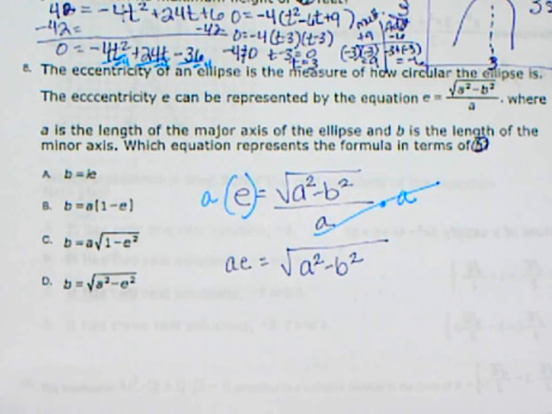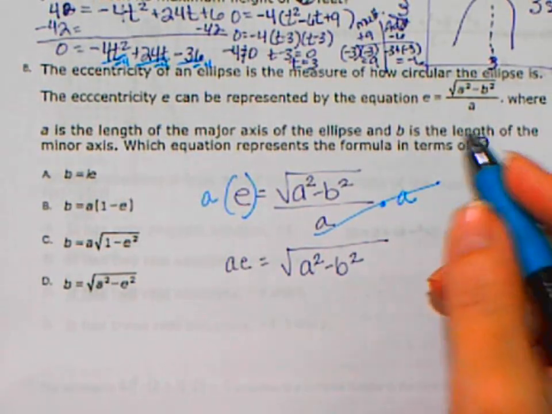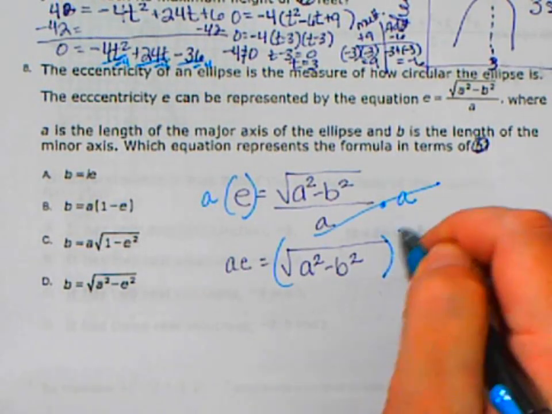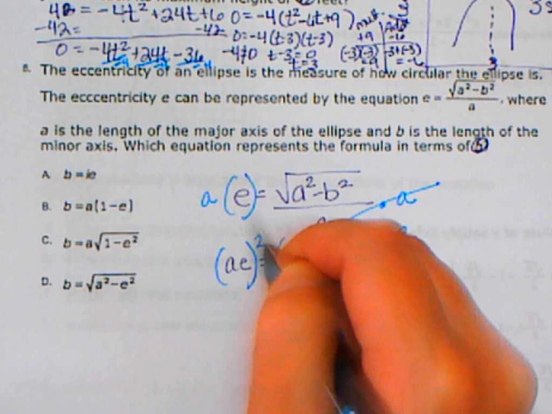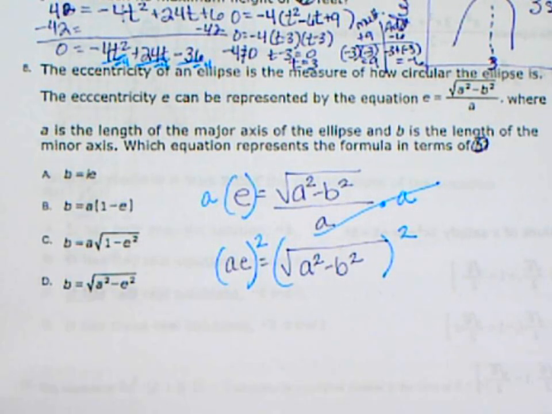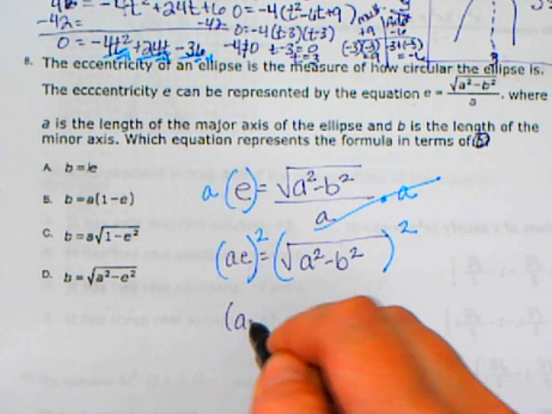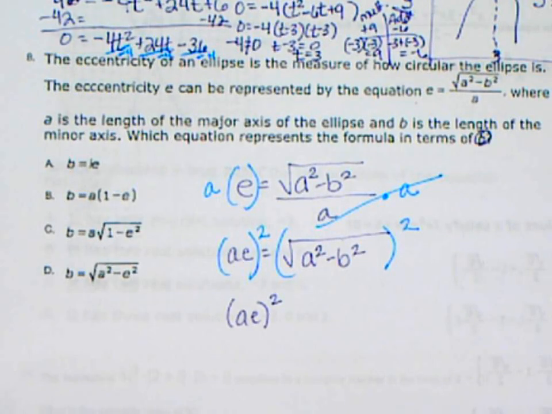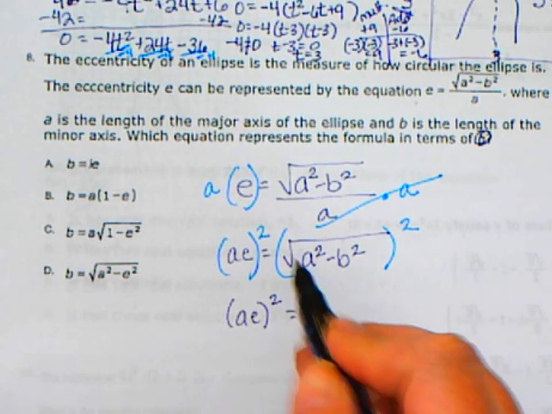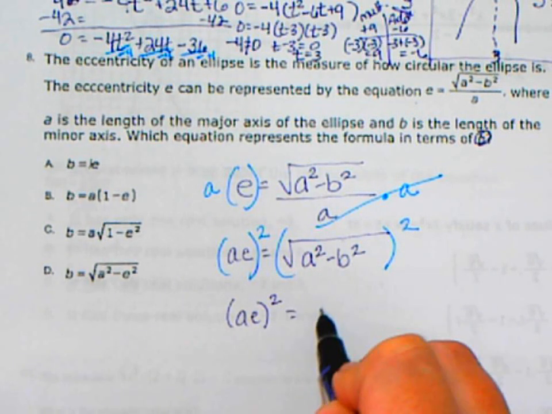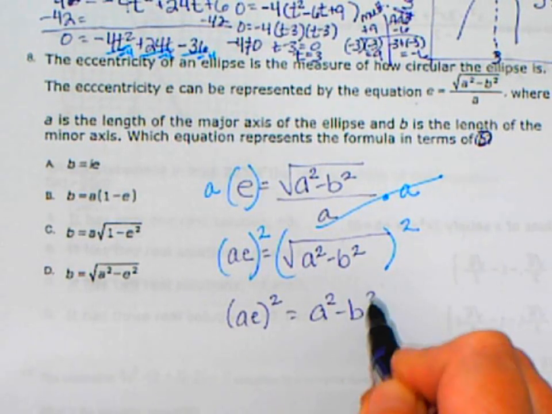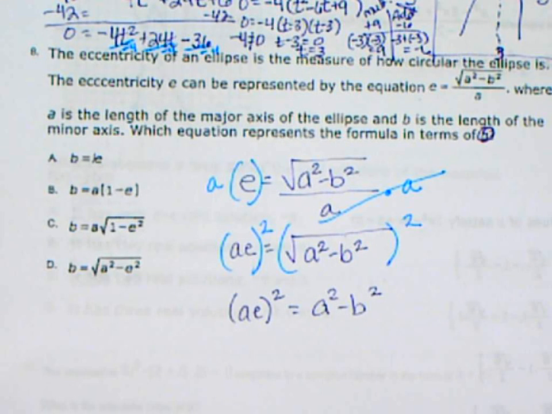How can I undo a radical? Well, how can I undo the square root of something? I can square it, right? So if I square one side, I have to square the other. So AE quantity squared is either a squared e squared, or you could just leave it as AE quantity squared. We'll just have to look at the equation and see how they have it. Equals, only thing I did here was get rid of the radical, so I still have a squared minus b squared. Remember, I'm trying to get b all by itself.